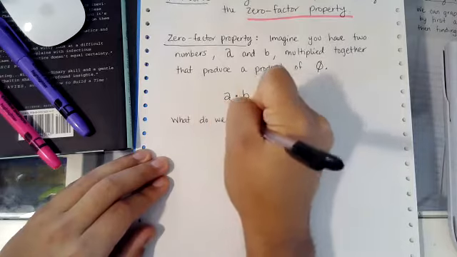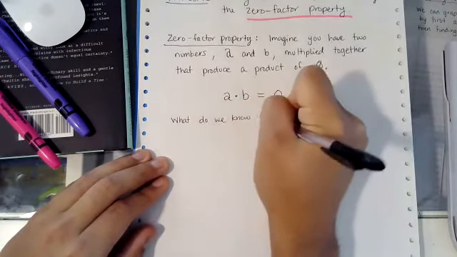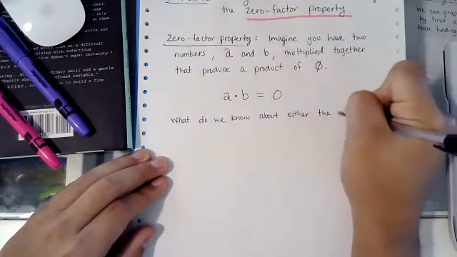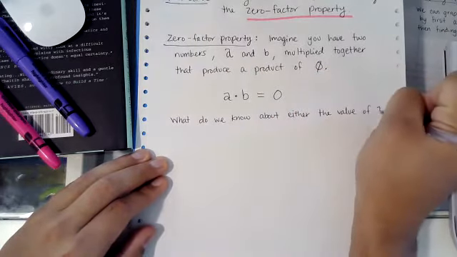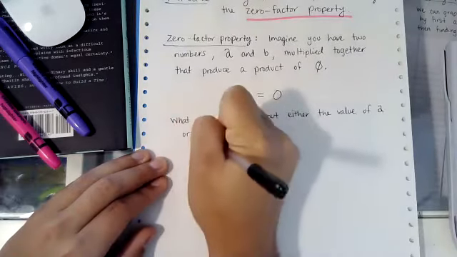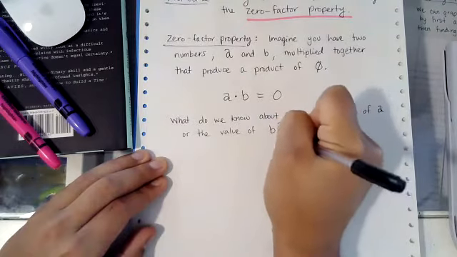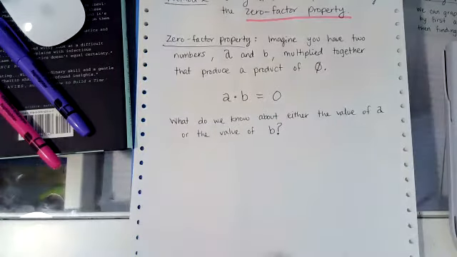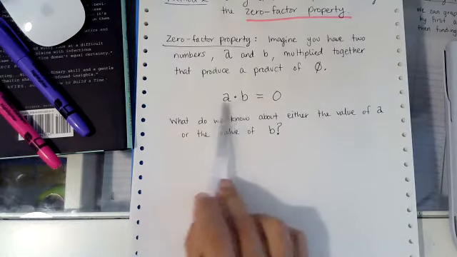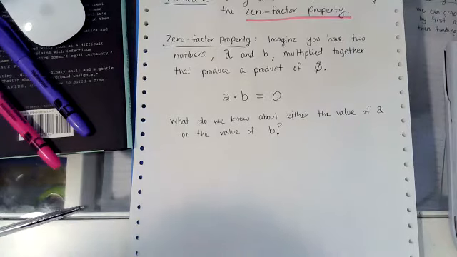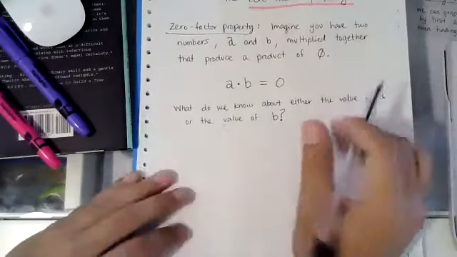What do we know about either the value of A or the value of B? Do we know what one of these numbers is, or maybe both of the numbers are? One of them is 0. Yeah, and why does one of them have to be 0? Because anything times 0 is 0.